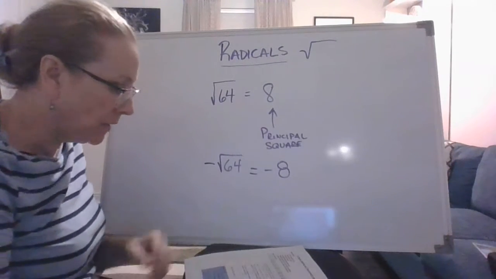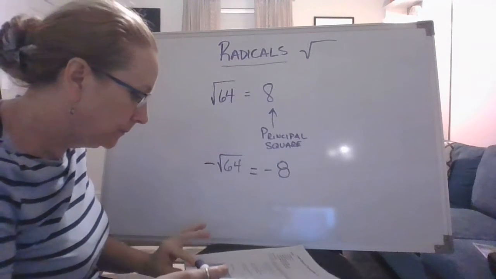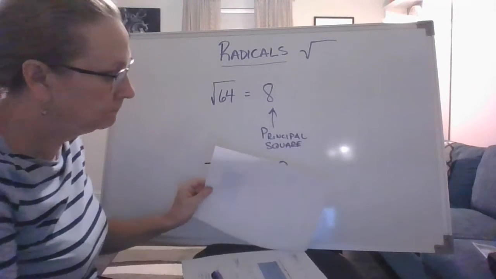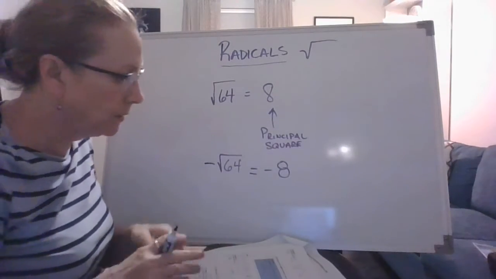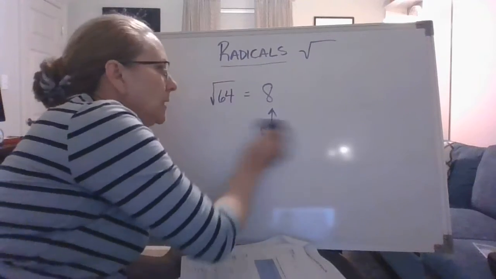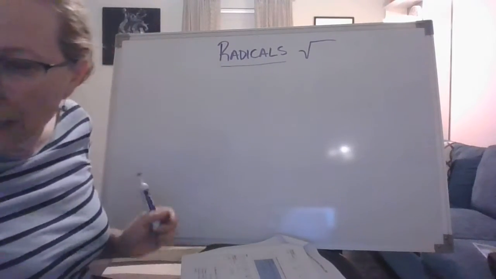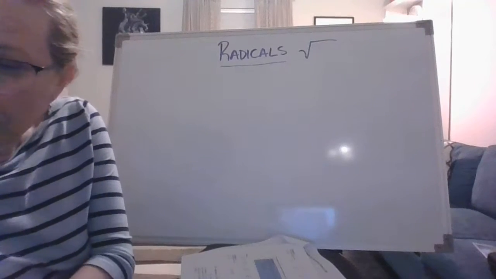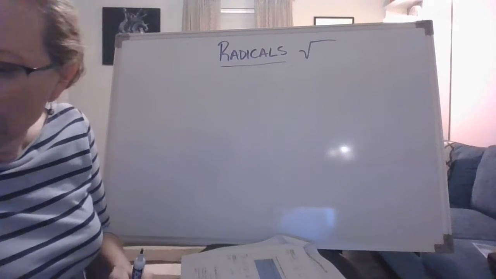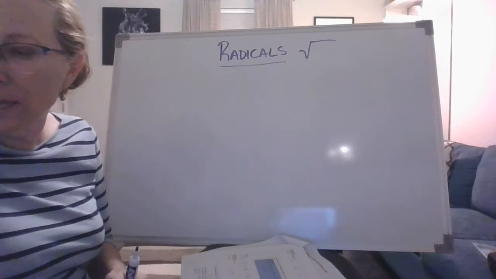So keep that in mind for your answers. All right, so let's look at a few perfect squares and find each principal square root. And I'm just double checking as I go along to make sure that it's only asking you for principal square roots. Yes, yes, and yes. Great.